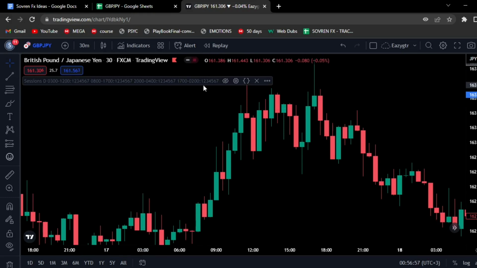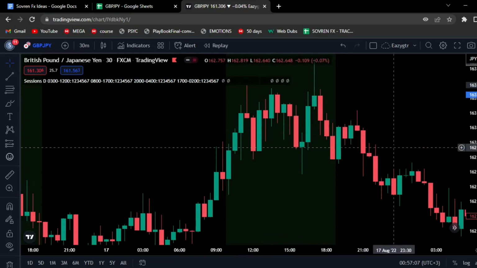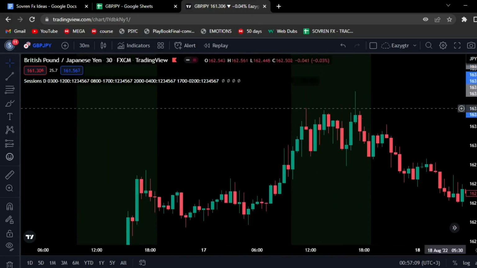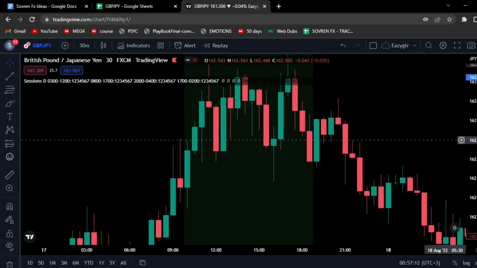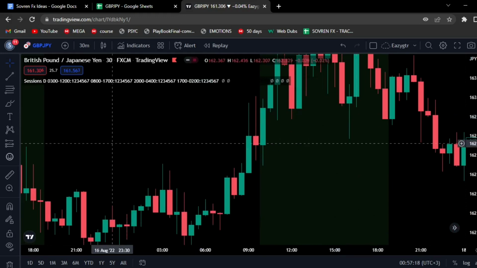I have a little indicator here. It's not so much an indicator, but something that shows you when the London session begins and ends. Hope you all can see this. First off, find out where your support and resistance is before the open of the London session.